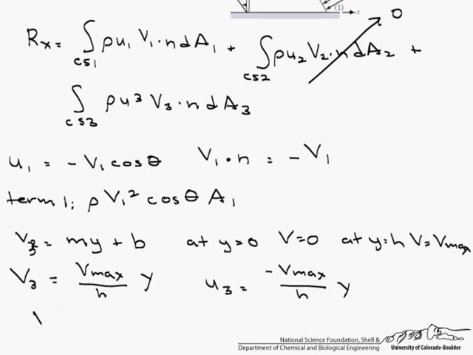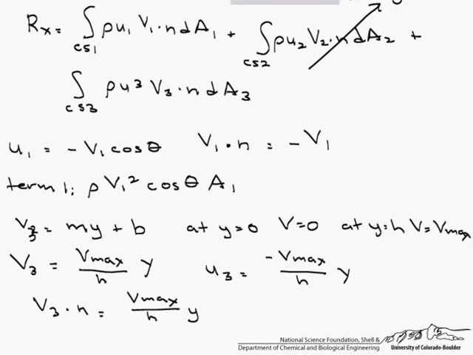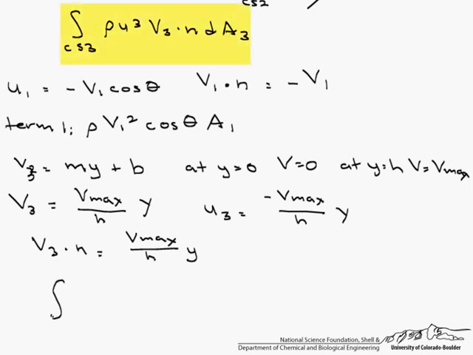Then v3 dot n is going to be positive because it is exiting the volume, so this is v max y over h. Notice we don't have any thetas or anything like that because the velocity is only in the x direction. So here the velocity is a function of y, so we have to keep it in our integral.